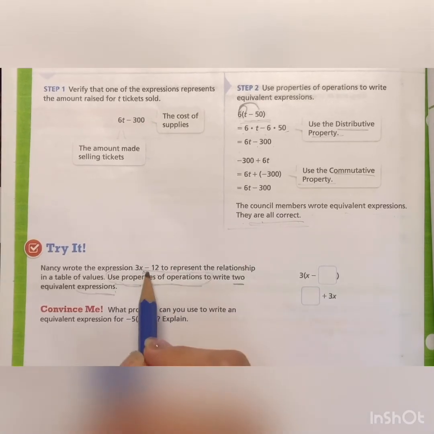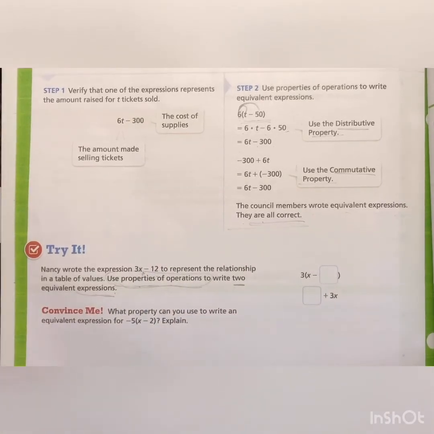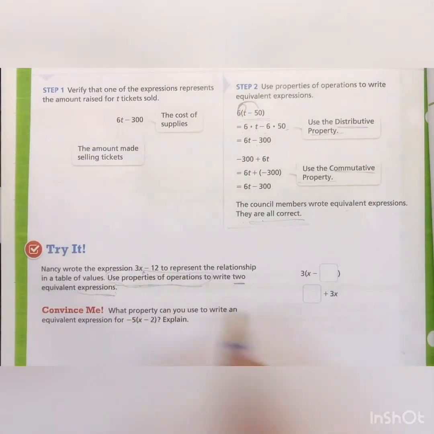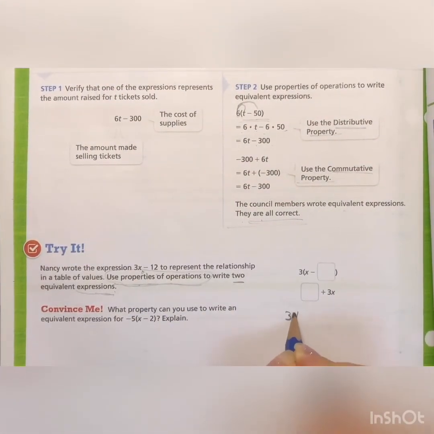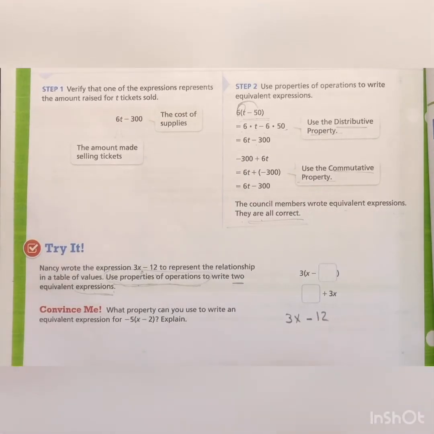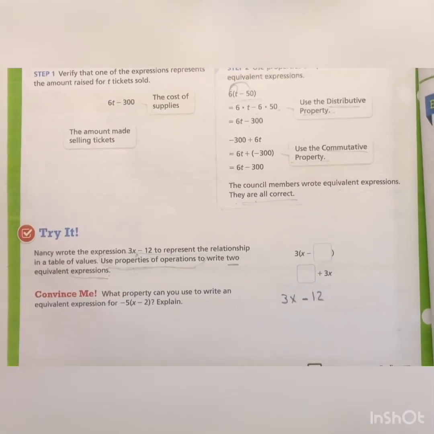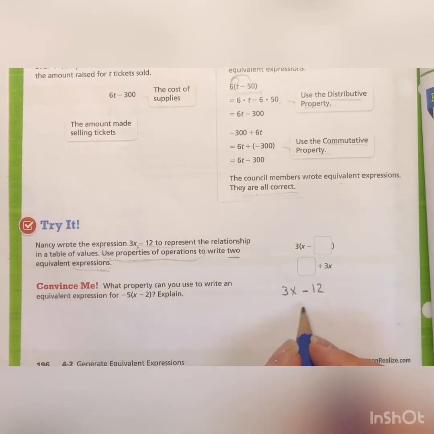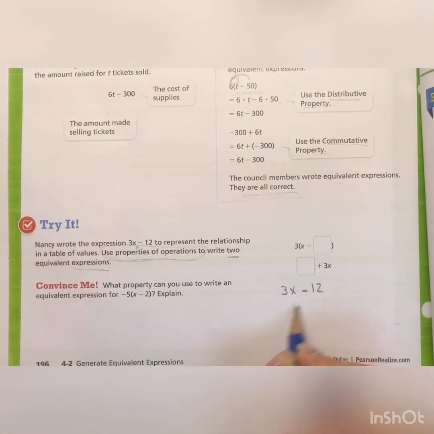How? At first, I will start from the commutative property. If I have 3x minus 12, for the commutative property, all I have to do is change the place. I will change the place.